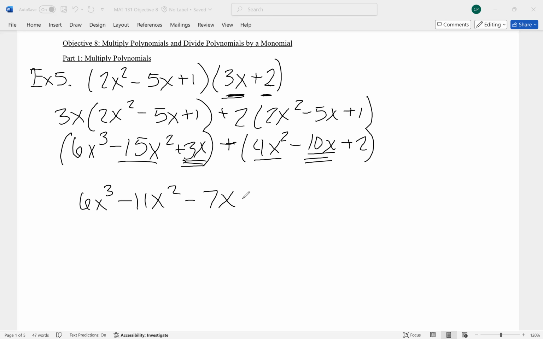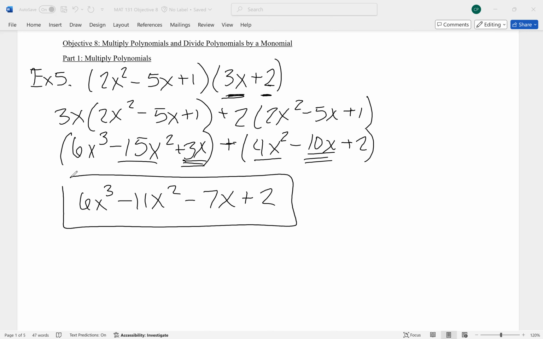And then we have only one constant term, so we can just bring that on down, okay? And this will be our final answer. 6x cubed minus 11x squared minus 7x plus 2, okay?